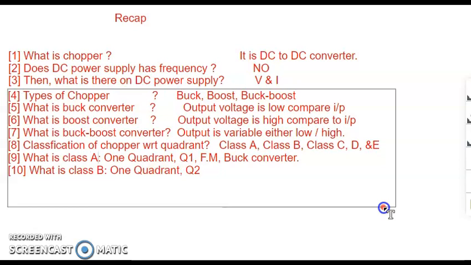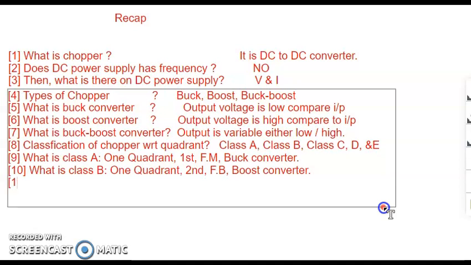So better I will write it. This is the first quadrant, and this is called the second quadrant: forward motoring, forward braking. That is called the boost converter operation.